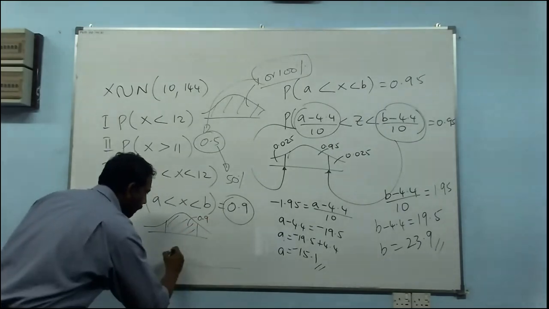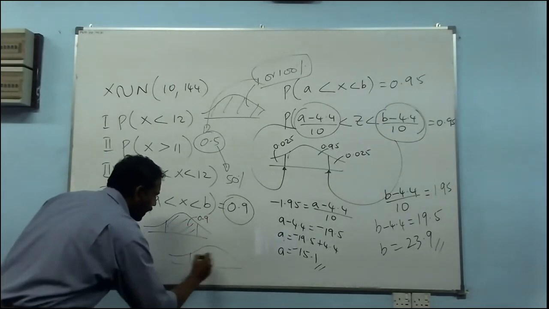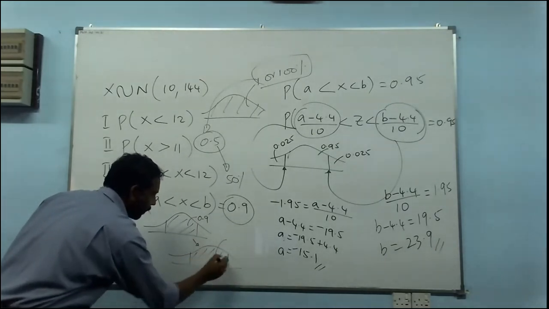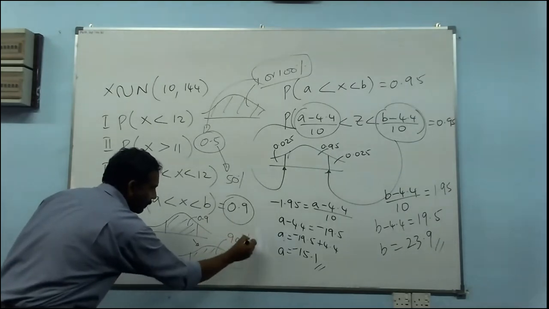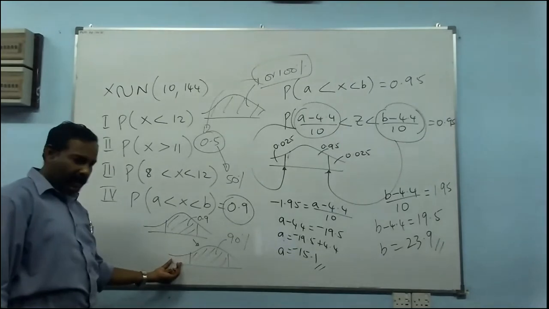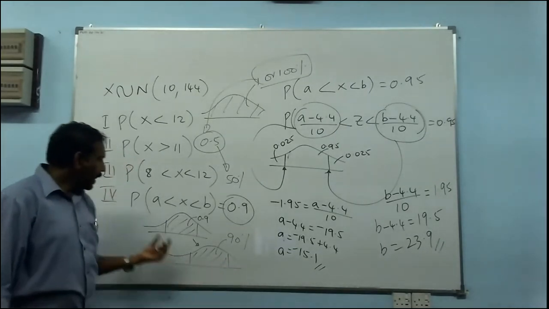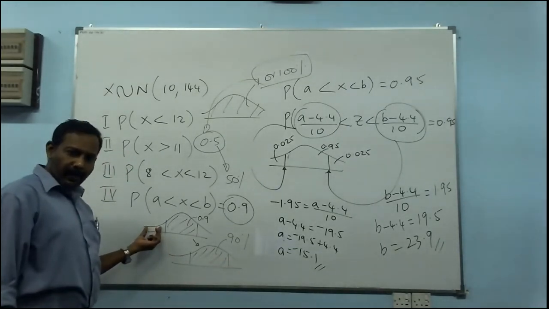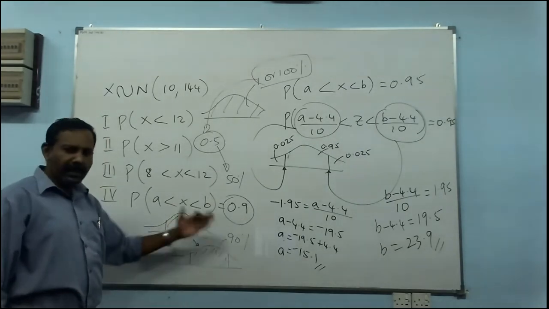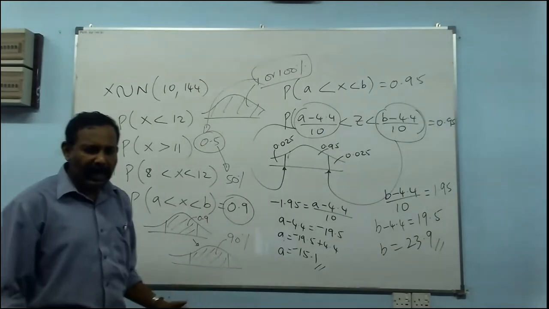In another graph, I can indicate this as 90%. Same thing. Here it is 5%, here it is probably 0.05. So we simply convert it to percentage. Nothing wrong with that.